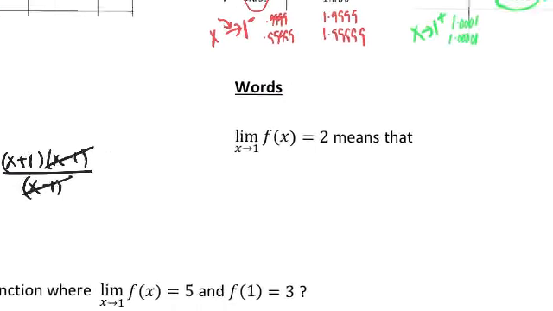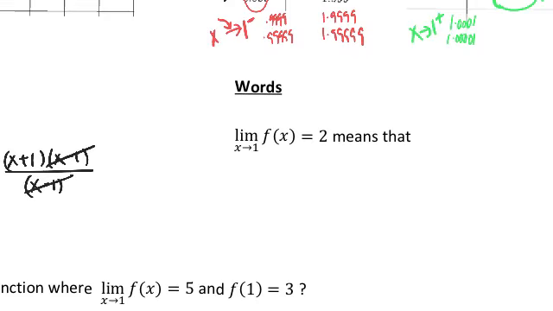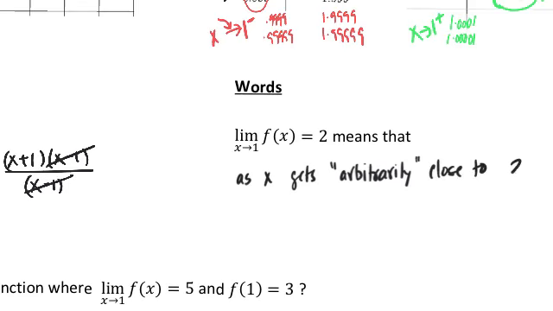And in words, the limit of f of x as x approaches 1 is equal to 2 means that as x gets, we say arbitrarily, and I'll explain that word in a minute, arbitrarily close to 1, as x gets arbitrarily close to the arrow number or 1, the function f of x gets arbitrarily close, that's a long word, close to 2, right?